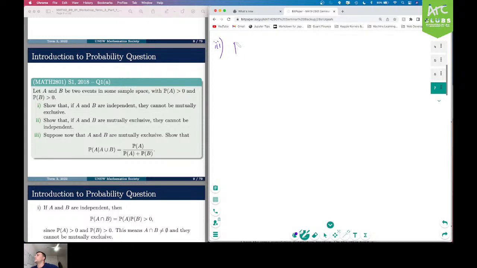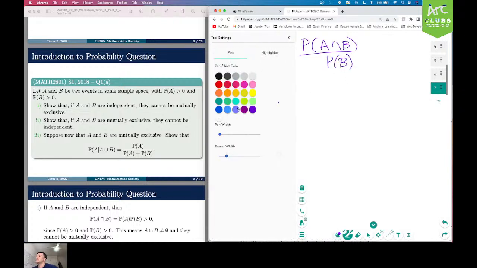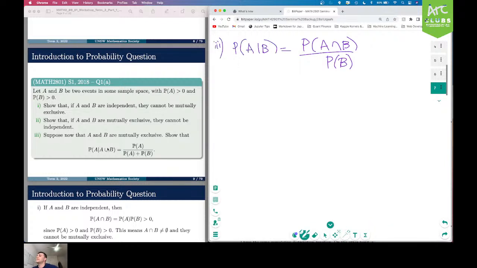So we know that the probability of A given B is the probability of A intersect B over the probability of B. That's just from definitions a few slides ago. Now what you'll notice here is that our B is really A union B. So wherever we see B in this formula, we're just going to sub in A union B, like that.